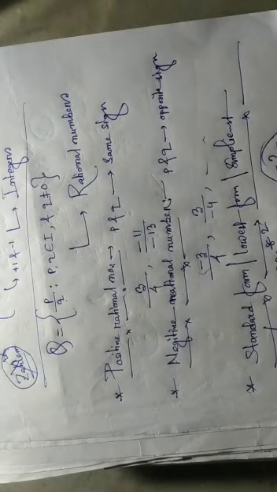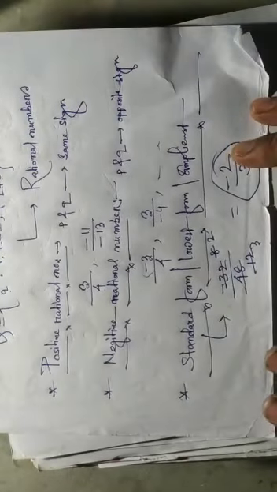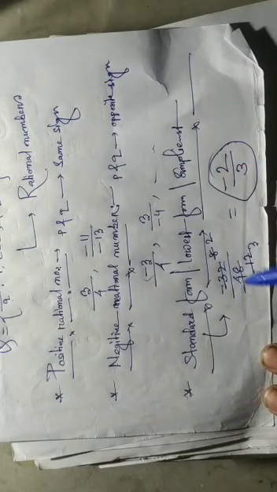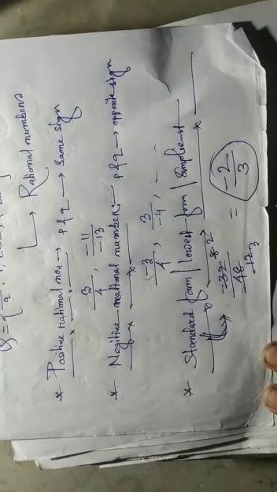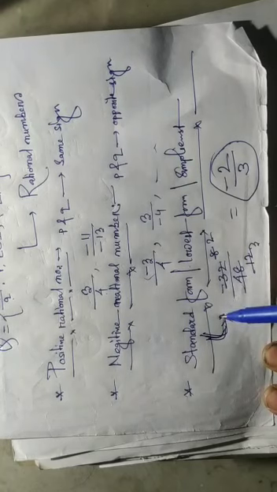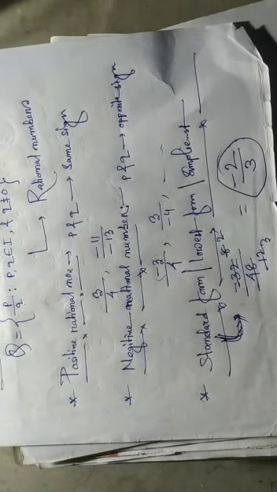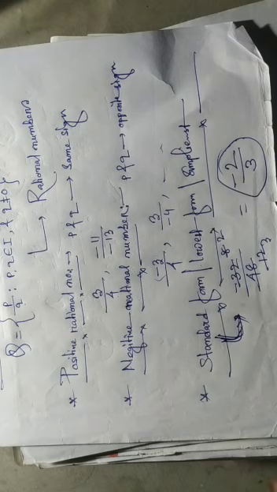Okay, next thing. I forgot whether the page came in the video or not, so I will tell again. Standard form means that at the end, when the numerator and denominator have no common factor, the form is called standard form.